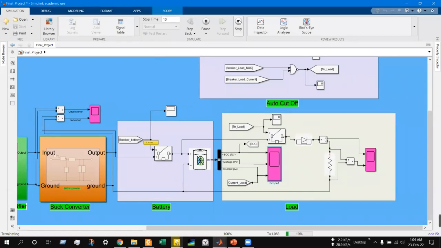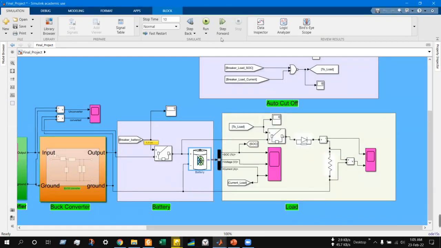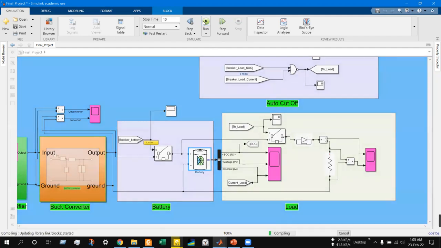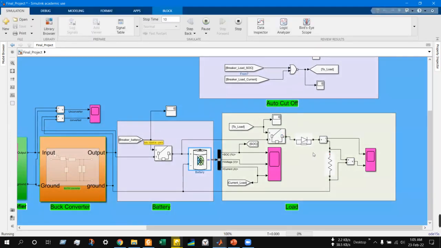Now, if we stop the simulation, and for the discharging part, if we make the SOC greater than 90, let's make it 95%. If you now run the simulation, then we will see the battery is discharging through this load. We see the display of this breaker shows 0, and the display of the discharging part breaker shows 1.